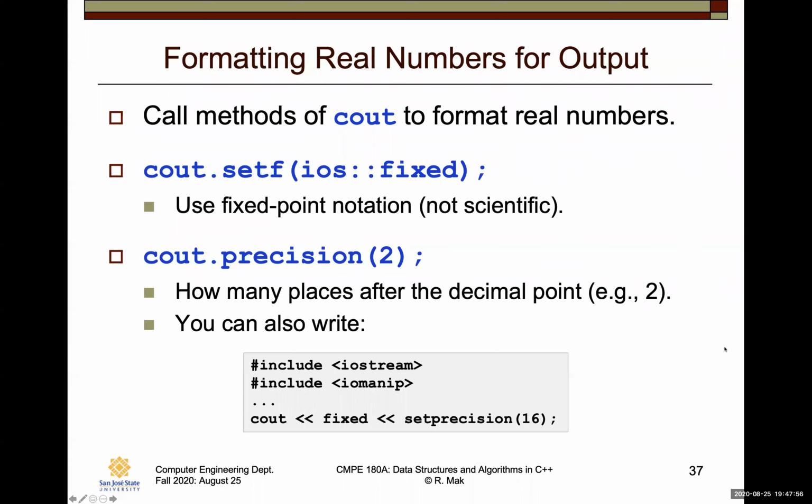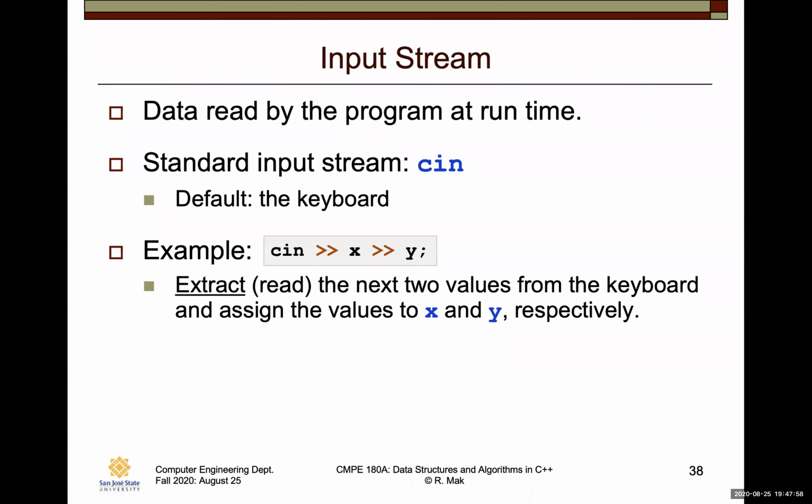All right. How about input, reading in? Well, if there's cout, then of course there has to be cin, and by default, again talking about the console, the default is the keyboard. So if you want to read something from the keyboard that you type, then you use cin.